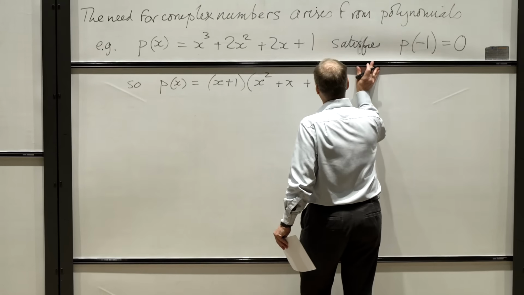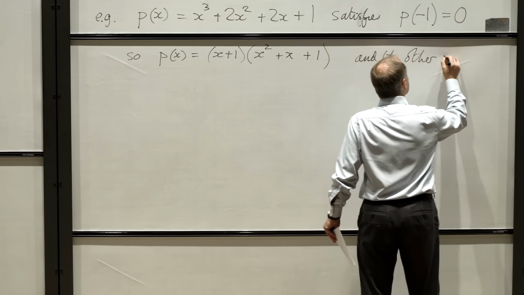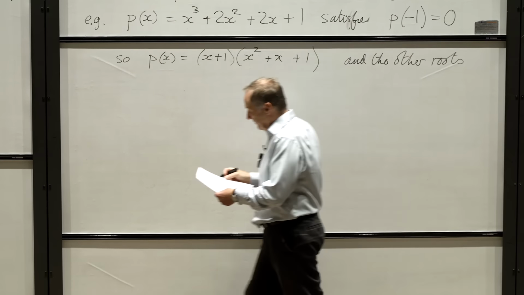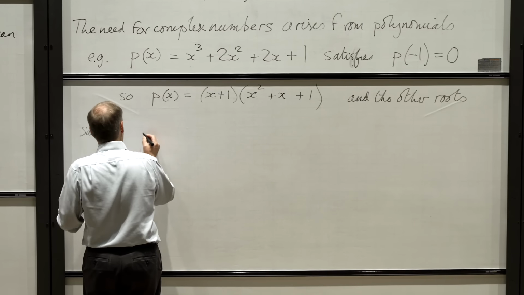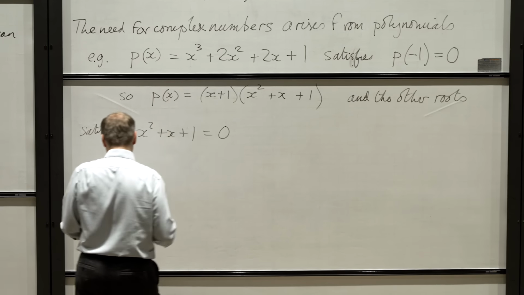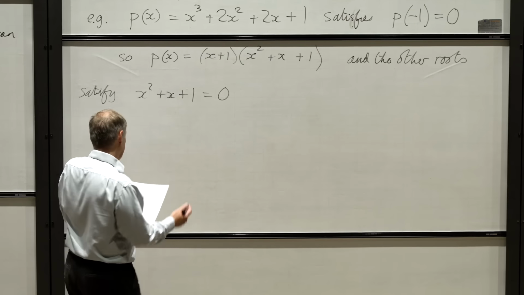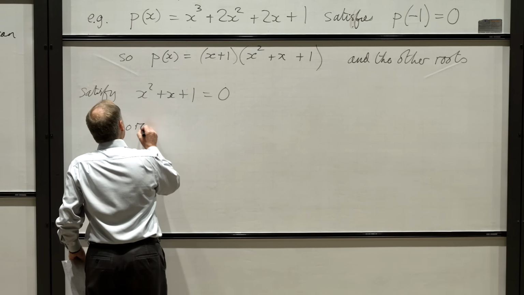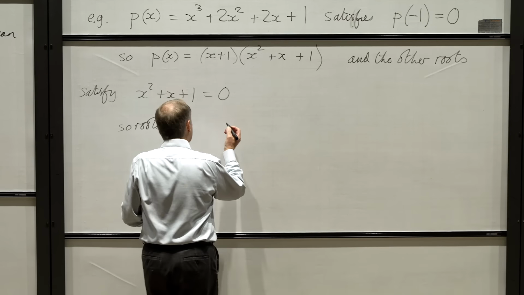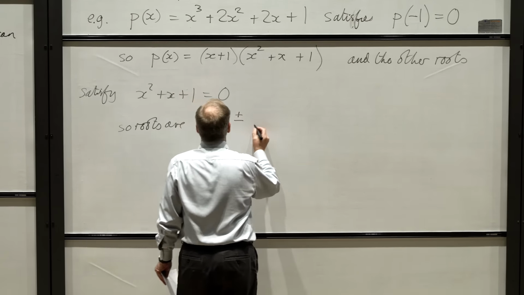And so what do we see? We see the other roots of this polynomial satisfy that x squared plus x plus 1 is 0. And we know how to find the roots of a quadratic. We can simply apply the formula, and so the roots are, well, they're minus b plus or minus the square root of b squared minus 4ac.